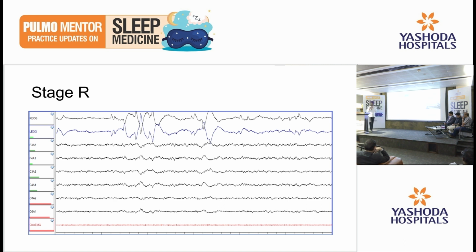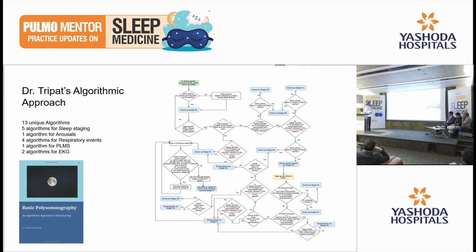Time constraints will not allow me to go through all that, but I have put my thought process into algorithms. I have published a book where I have put in 13 algorithms for a beginner to start scoring. The entire thought process has been put into these algorithms.